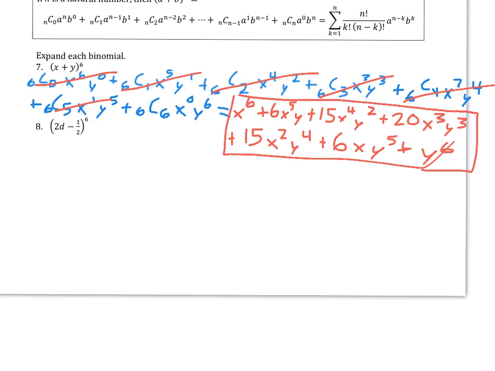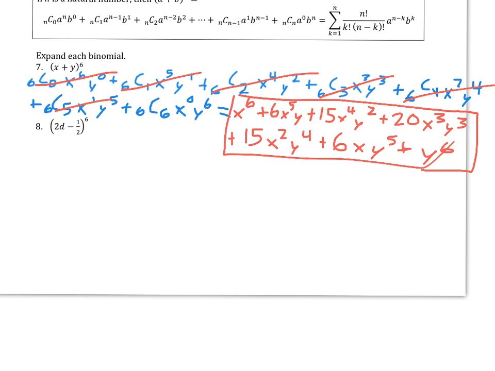Okay, so we're going to use the same coefficients, but let's pretend we don't know. So the exponent is 6 again, so we're going to use 6c for everything. If the exponent was 7, then everything would be 7c.